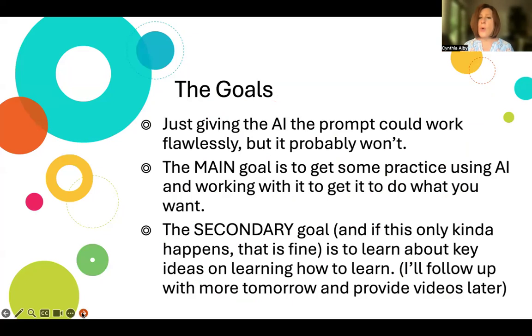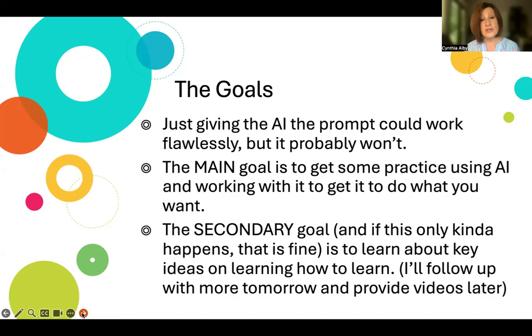The main goal is for you to get some practice using AI and working with it to get it to do what you want. The secondary goal, and if this only kind of happens, that is fine, is to learn about key ideas on learning how to learn. We're going to follow up with some more on this tomorrow.